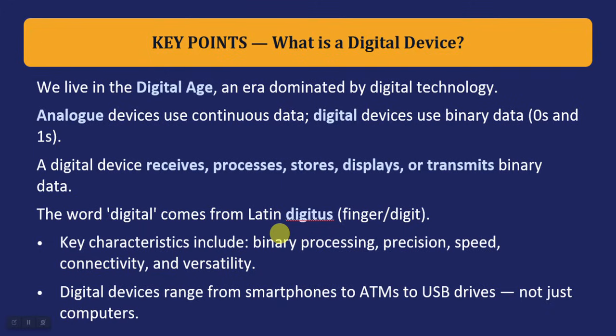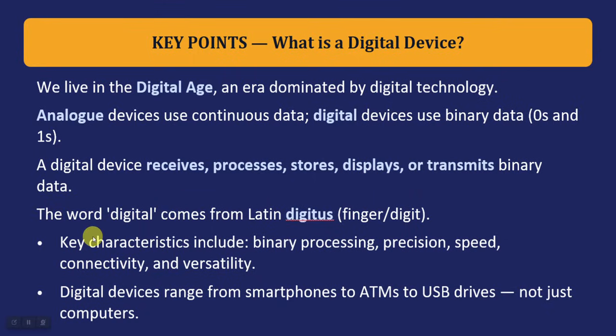Let's pause and summarize what we've covered so far, because this is important. We live in the digital age, an era dominated by digital technology. Analog devices use continuous data. Digital devices use binary data, which is zeros and ones. A digital device receives, processes, stores, displays, or transmits binary data.